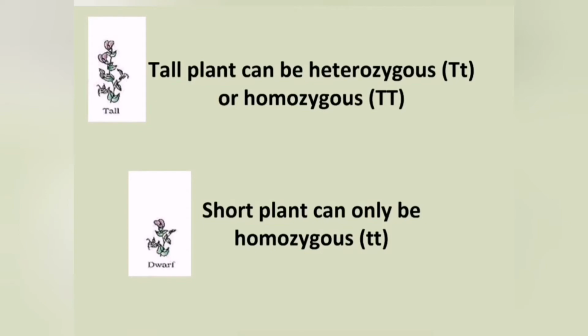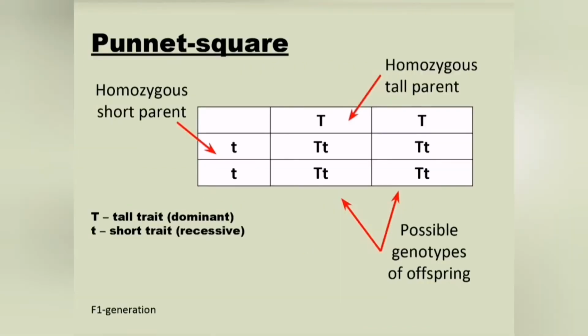Now remember we said that for every trait in your body you've got 2 genes, one from either parent, one from mom, one from dad. So in a tall pea plant you'd also have 2 genes for the trait. You either have 2 big T's or a big T and a little t, and for a short plant you'll have 2 little t's.